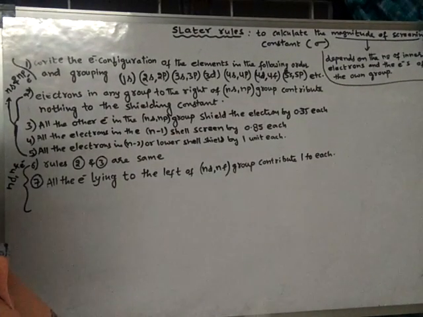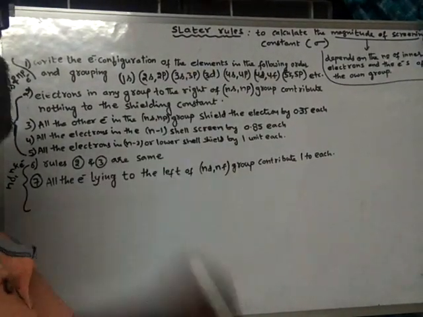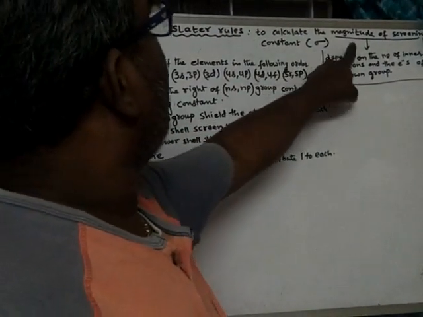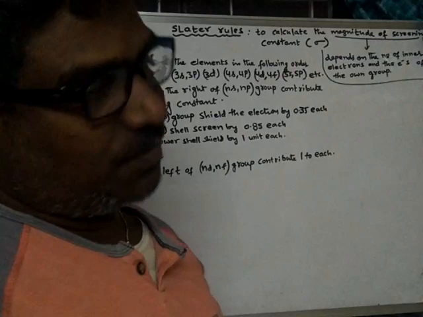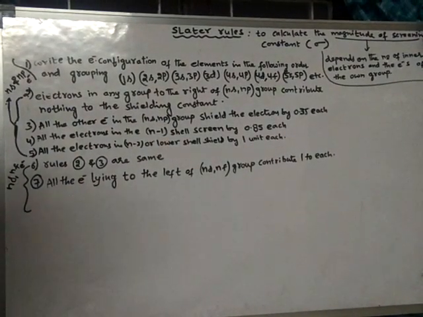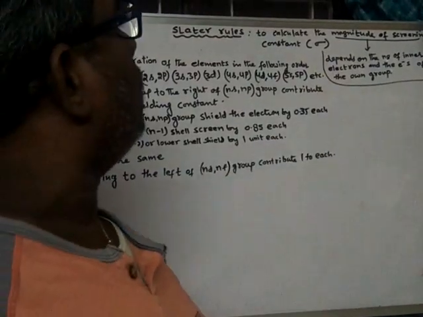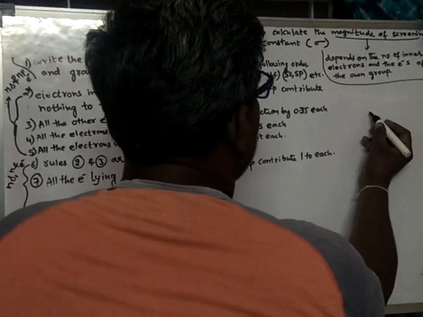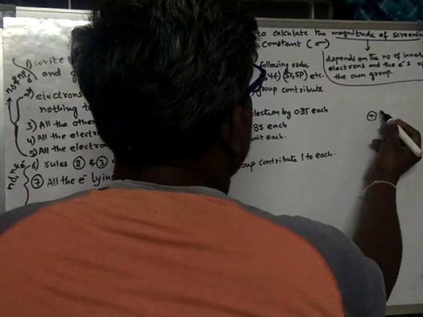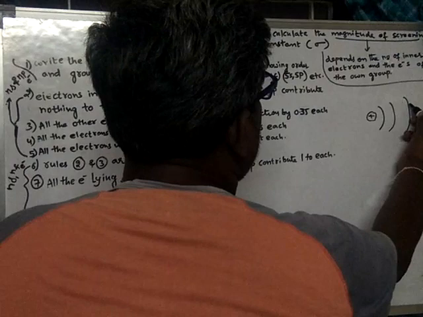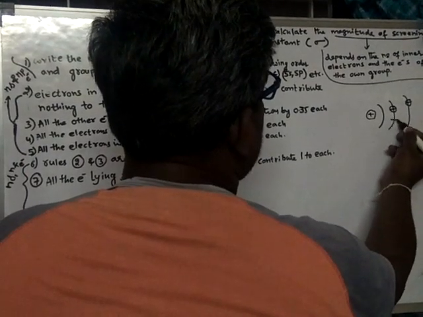Actually these Slater rules are meant to calculate the magnitude of screening constant, that means the value of screening constant. Already we have seen, suppose this is the nucleus, these are the shells, and these are the electrons.